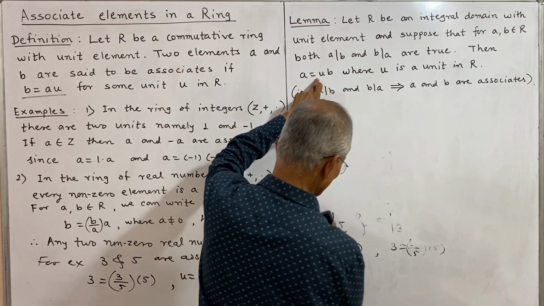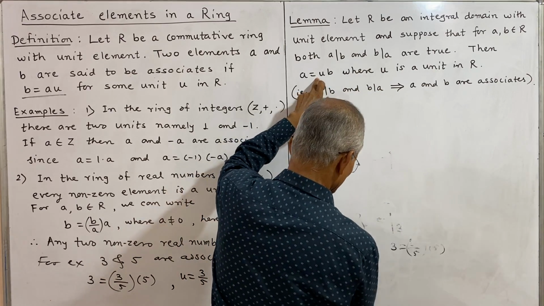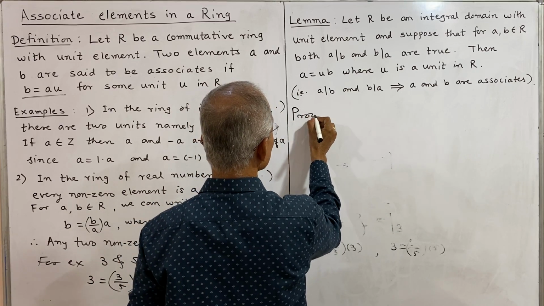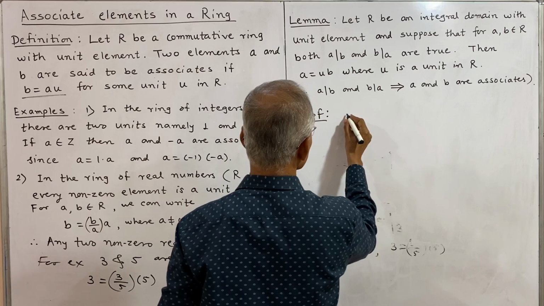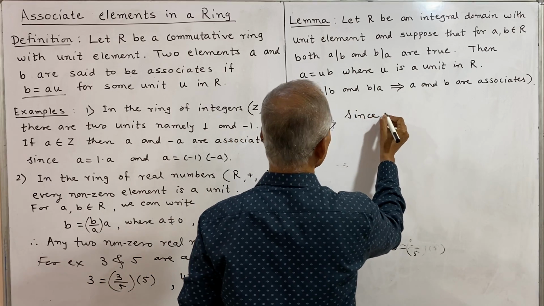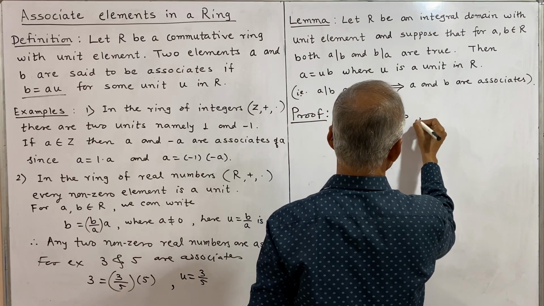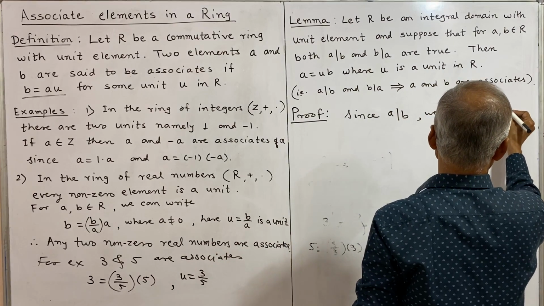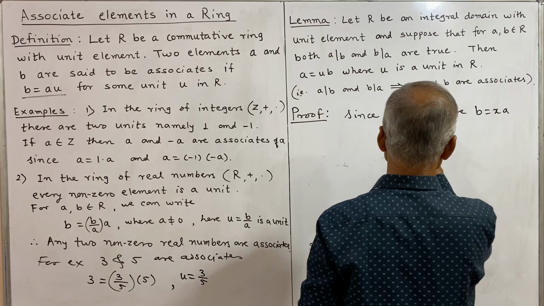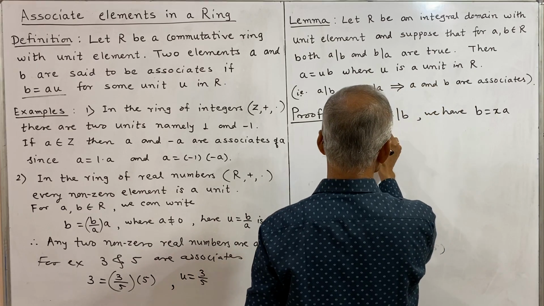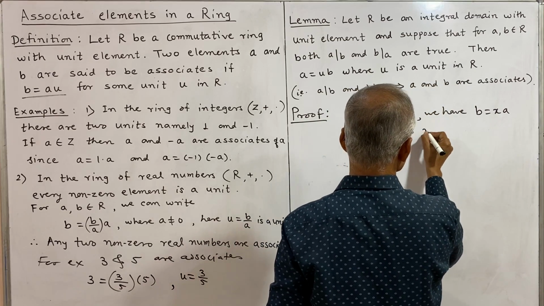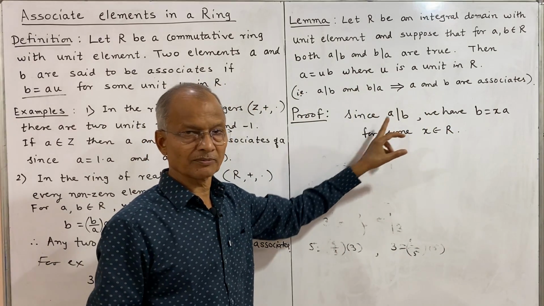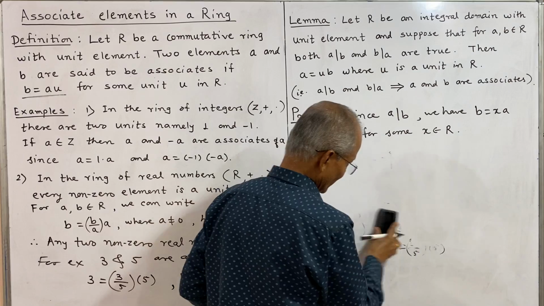That we shall prove. Now we can use the definition of divisibility. Since a divides b, we have b is equal to xa for some x belongs to R. This is the definition of divisibility in a ring.